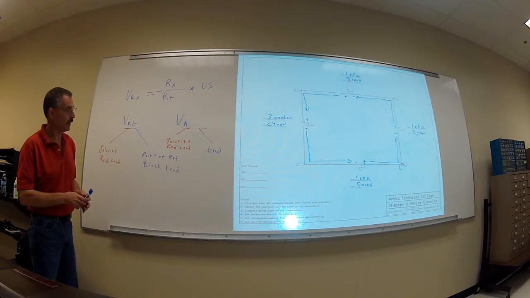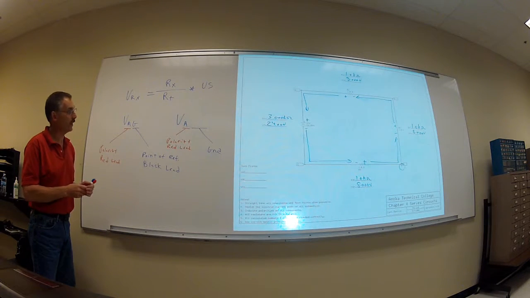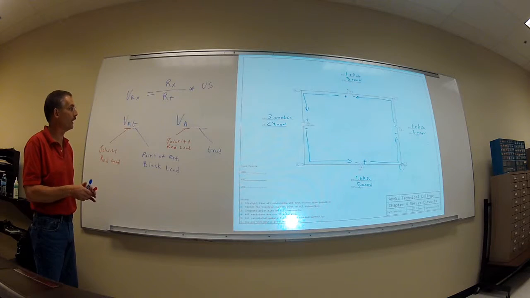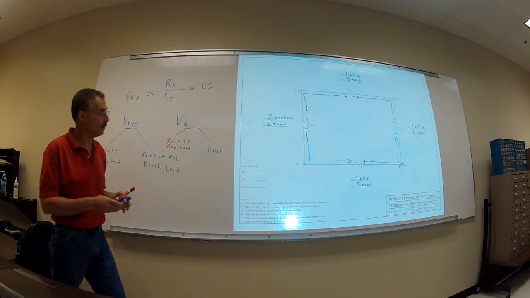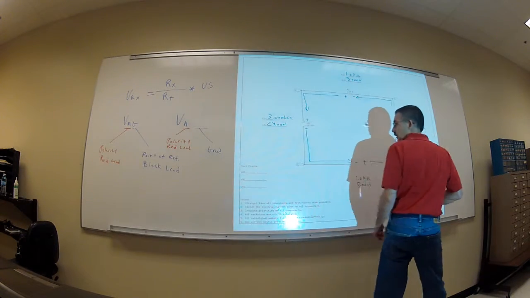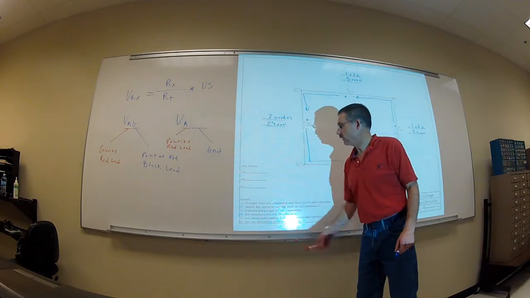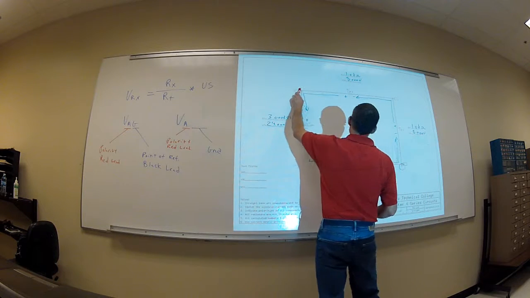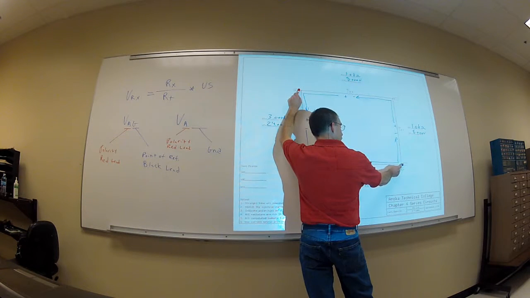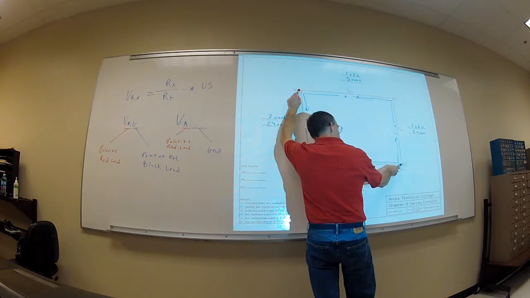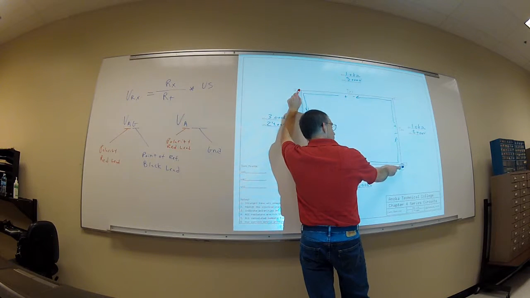So here's where our polarity is going to play the big role. What you want to do is look at it and say, okay, I've got test point A to G. You're going to put your red lead on A, put your black lead on G. Once I identify where that black lead is, this never moves.